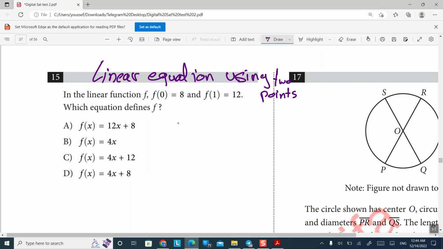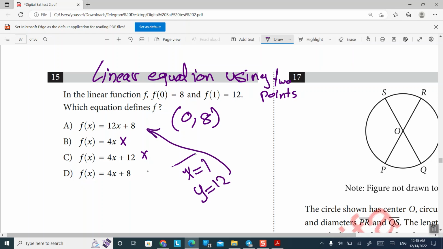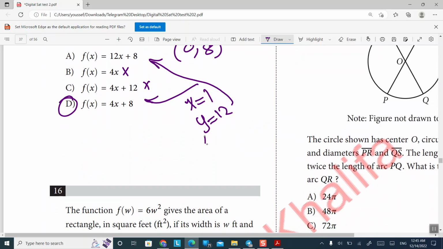So it's clear that the y-intercept is 8, since the x value is 0 and the y value is 8. So we can directly eliminate B and C. When x is 1, y is equal to 12, you can directly substitute in A and D. You find out that D is the correct answer. 4 times 1 plus 8 is equal to 12.